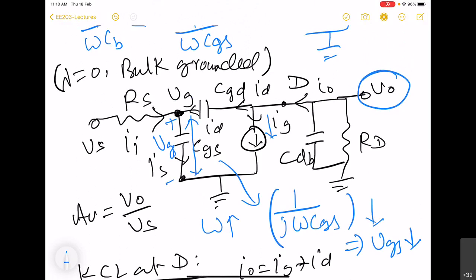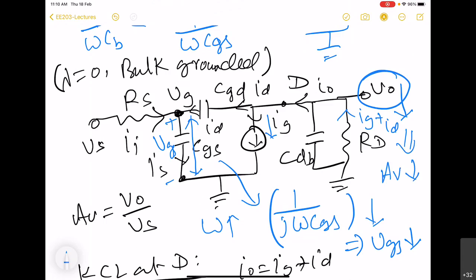So in general, there will be a decrement in this output voltage, because this output voltage is nothing but being developed because of the IG that is flowing through this plus ID that is flowing through RD. And since IG decreases, this VO is also going to decrease. And this will then finally imply that AV decreases.